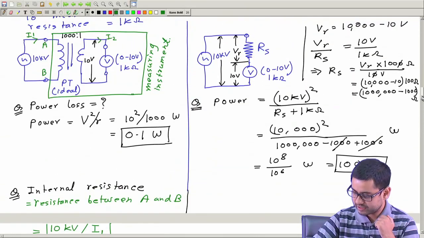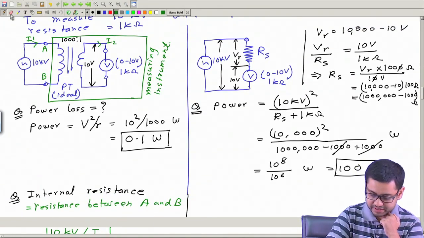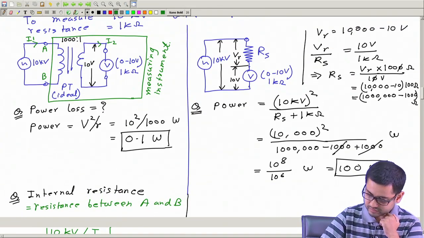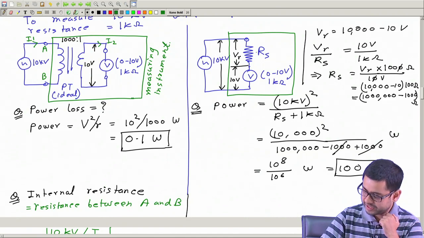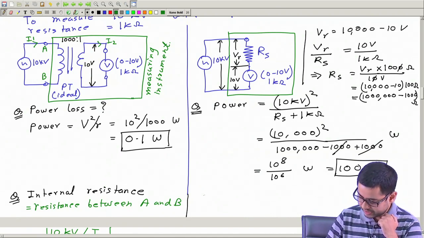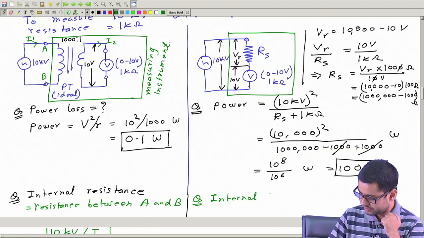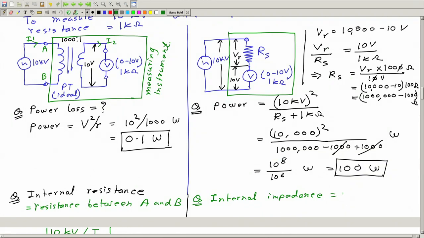And in the other case, how much is the internal impedance? So this is now my measuring instrument, the voltmeter in series with Rs. So the internal impedance is equal to Rs plus 1 kilo ohm meter resistance.